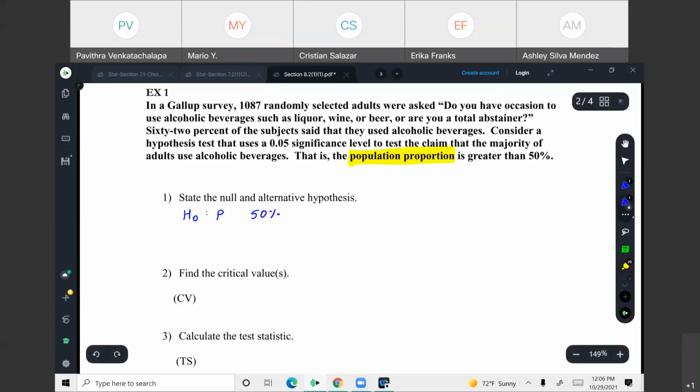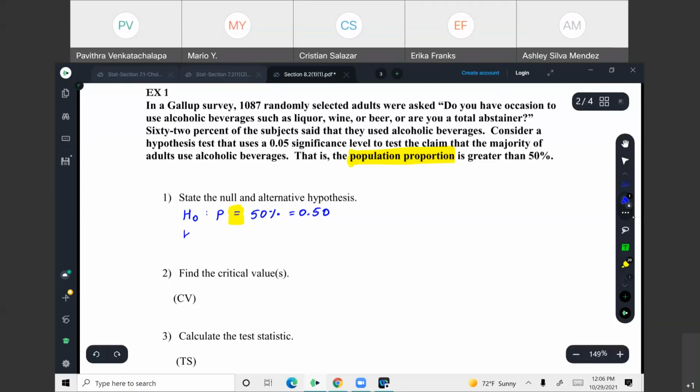That is what is given. Or I can take it as a decimal. Now, what symbol should I be using here? Equal to. Why? Because it is a null hypothesis. Remember, for the null hypothesis, you will be using only the equal to sign, no matter what the problem is.